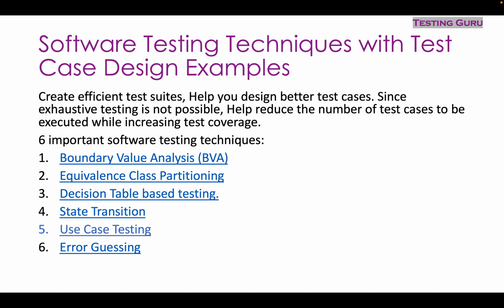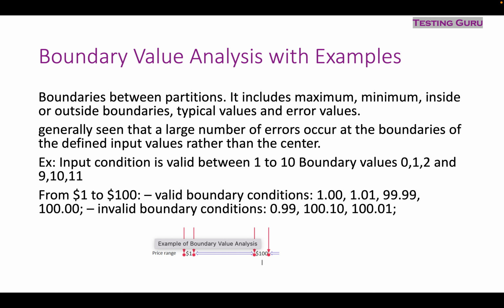Okay, coming to boundary value analysis, what is boundary value analysis? Boundaries are the edges between the partitions. So it includes maximum, minimum, and inside or outside boundaries. You will have boundaries for the maximum part, minimum part, inside part, and outside part.